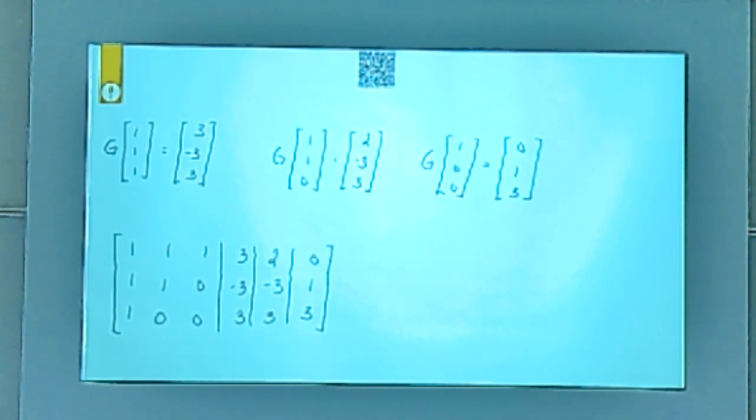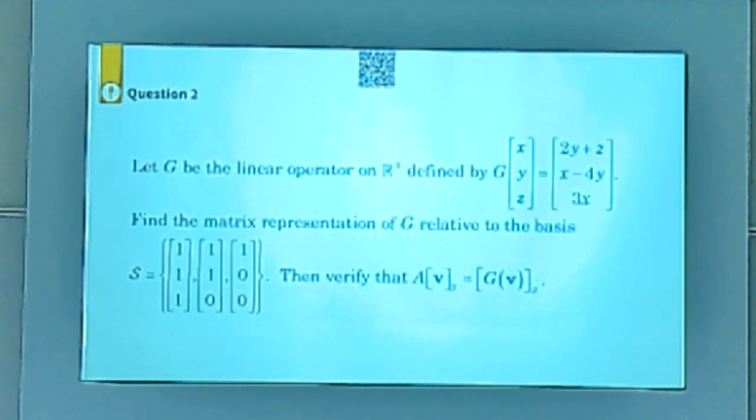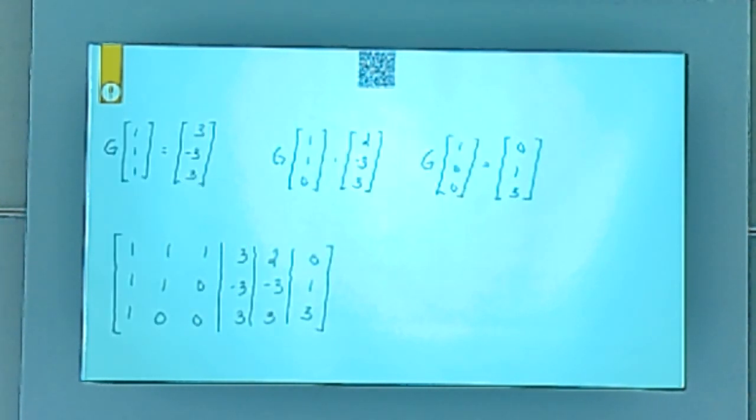It's not really said in here, but it is implied that with all of these problems, they are ordered bases. And we'll reduce that.